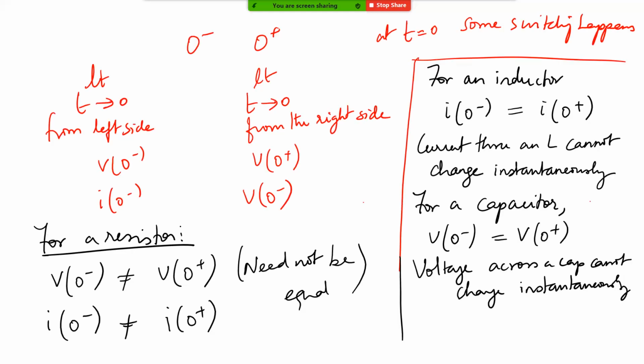Sir, when you have no resistance in series with the capacitor, then it will change instantaneously, right? So that is more of a mathematical problem which does not exist in practice. Basically, what you're asking is: you have a battery, a switch, and a capacitor, right?